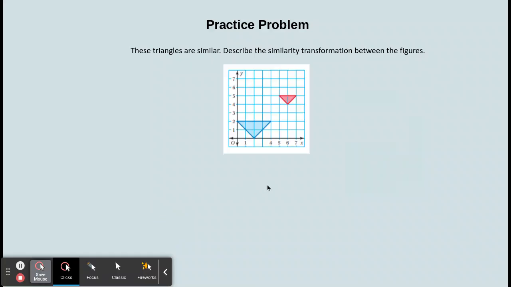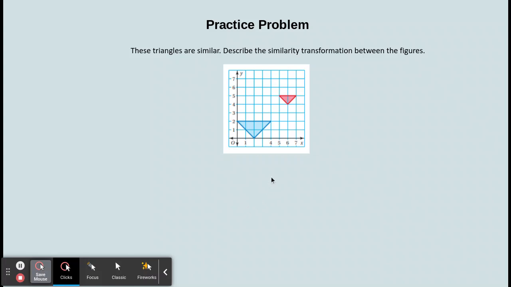Okay, for this practice problem, we are going to look at the red triangle and the blue triangle. And we can see that we could dilate the red figure using a scale factor of 2, and then we could translate it either left or right or up or down.